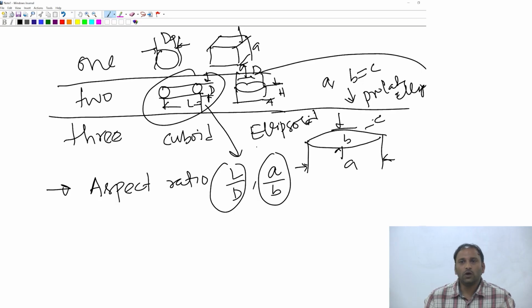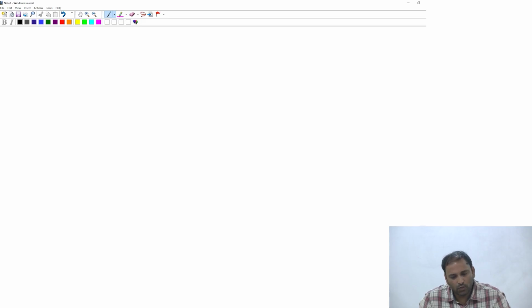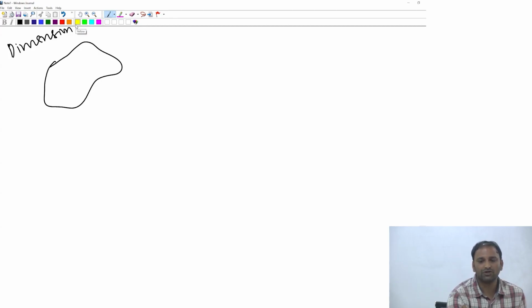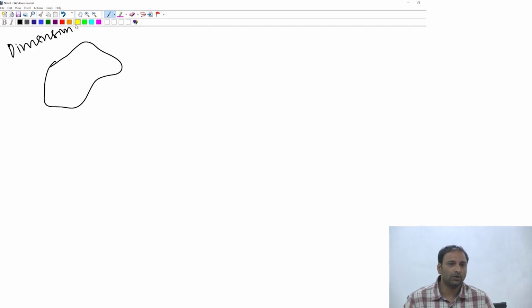Now, when you work with regular particles, if somebody comes and tells you, hey, tell me what is the dimension of this particle, I can quickly take a scale and measure it. I can specifically say what is the size of the particle, right? However, if you are working with some arbitrarily shaped particle, say that you have some shape like that, and I want to calculate the dimension of the particle, what do you think one could do?